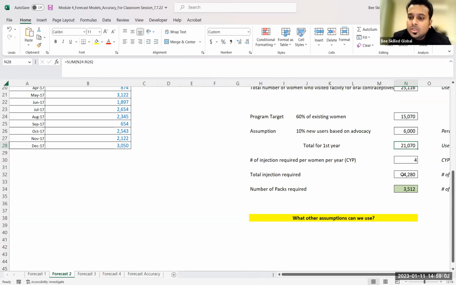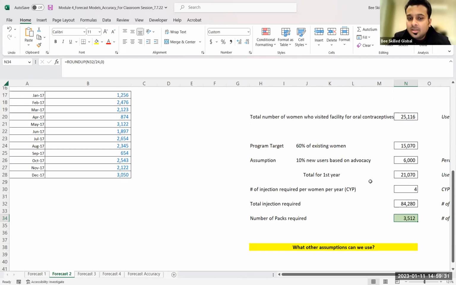Hence, the total number of injections that this program needs is 21,000 multiplied by 4, which is 84,000. And if we divide this by 24, which is the number of injections in one pack, then we know we need 3,512 packs of these injections in the next year.